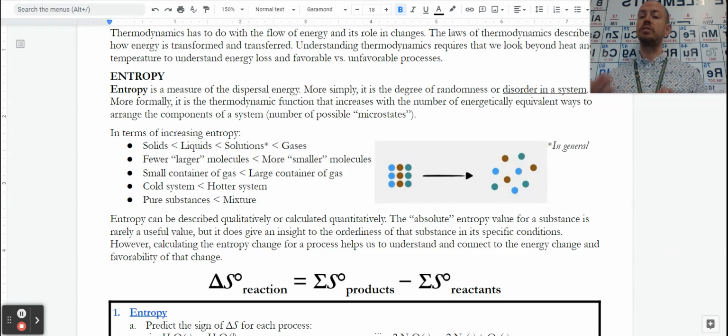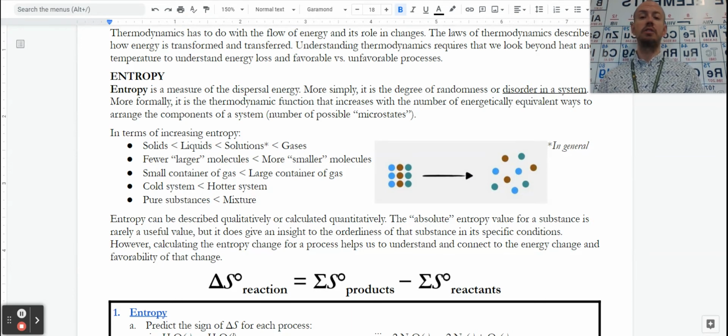There are a few exceptions to that, but in general, we would say solutions are more disorderly, but the most disorderly is gases. So we have this picture here that shows it both with color and arrangement, going from a nice, neatly arranged crystal or solid formation to a much more spread out, much more random, much less attracted arrangement.